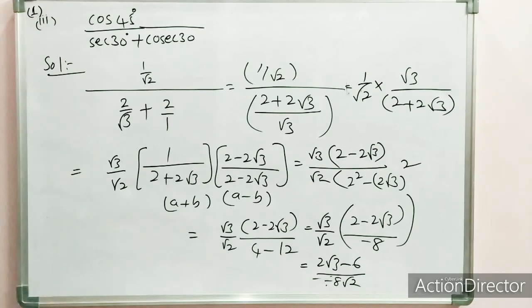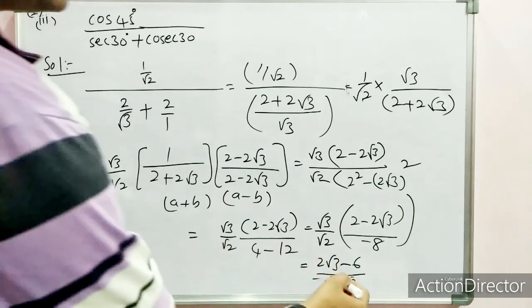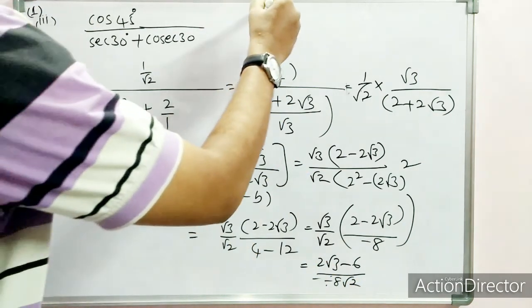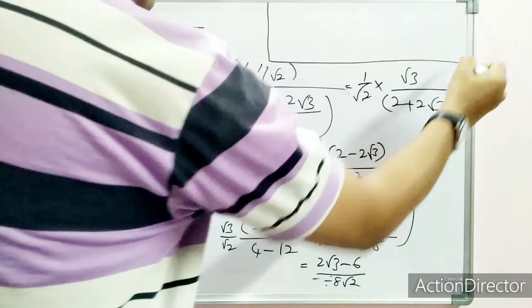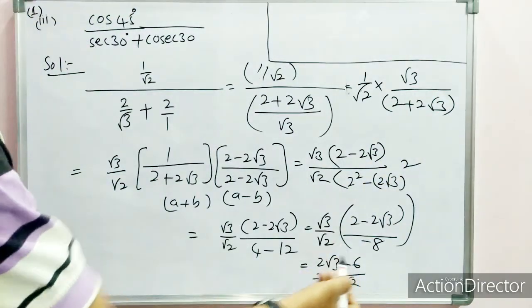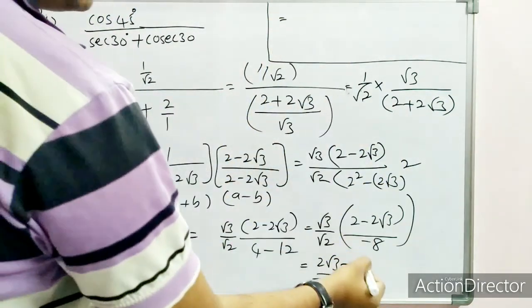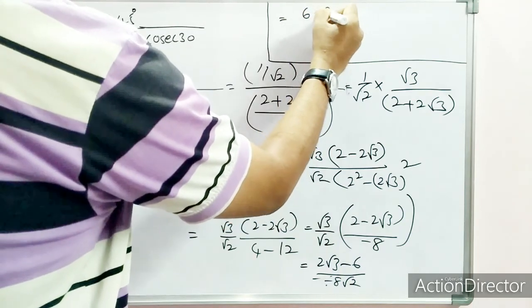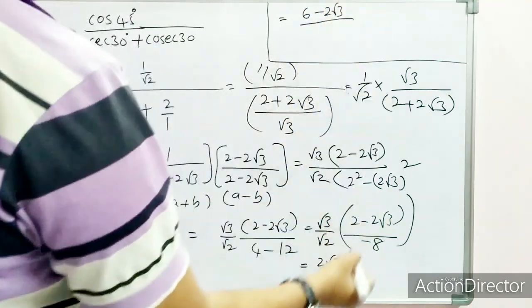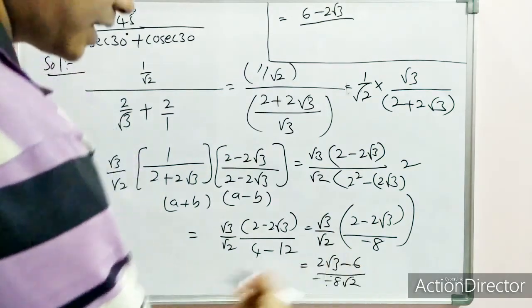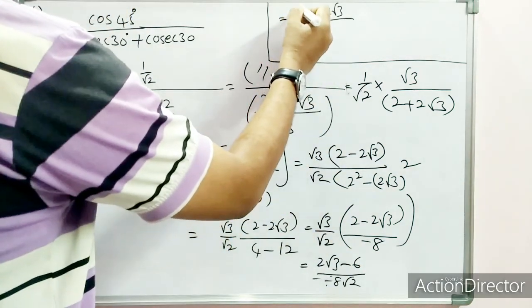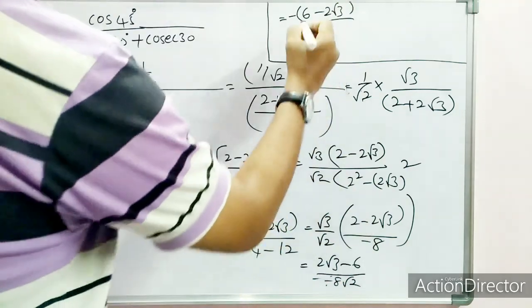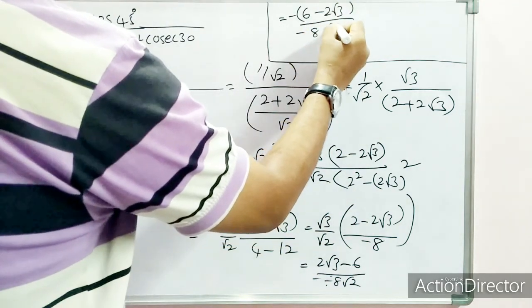Now you can simplify more. Here I am writing. Here you can take minus, so that it will be 6 minus 2 root 3 by 8 root 2.